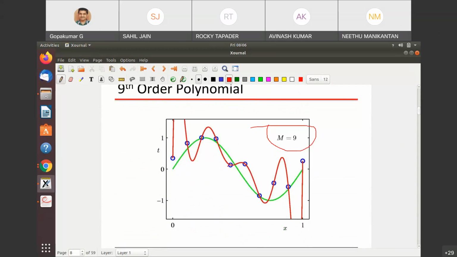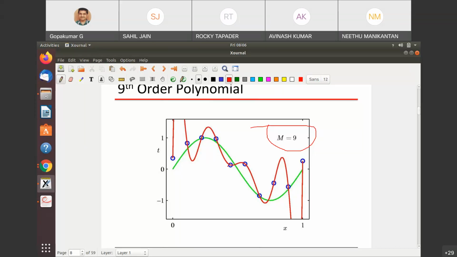But our aim is to obtain the original curve, the original function that generated the blue points, which is the green curve. So even though this set of points is well connected through our predicted function, it is not an approximation to the original green curve.